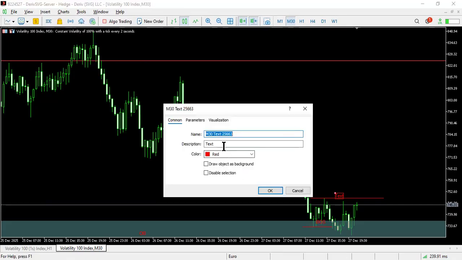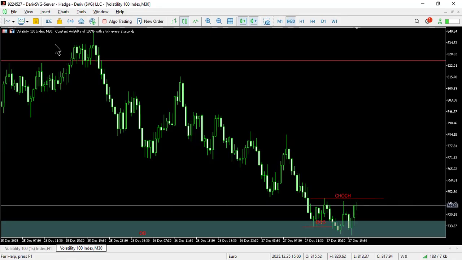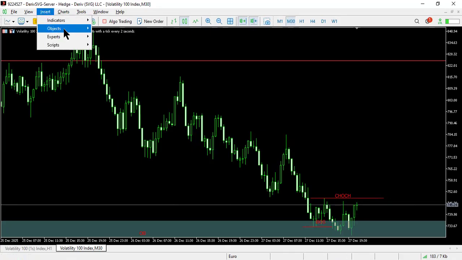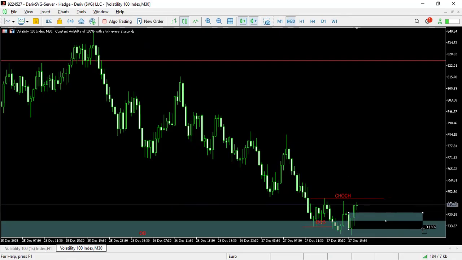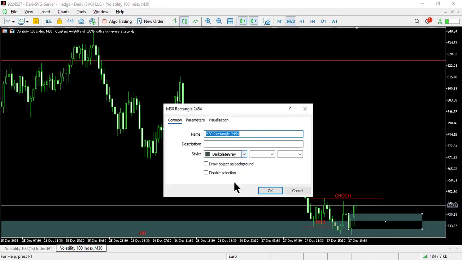Should price break that level, then that will be a change of character. And then we are going to wait for a retracement into that order block. Should price decide to break that high, that is going to be the deciding factor.